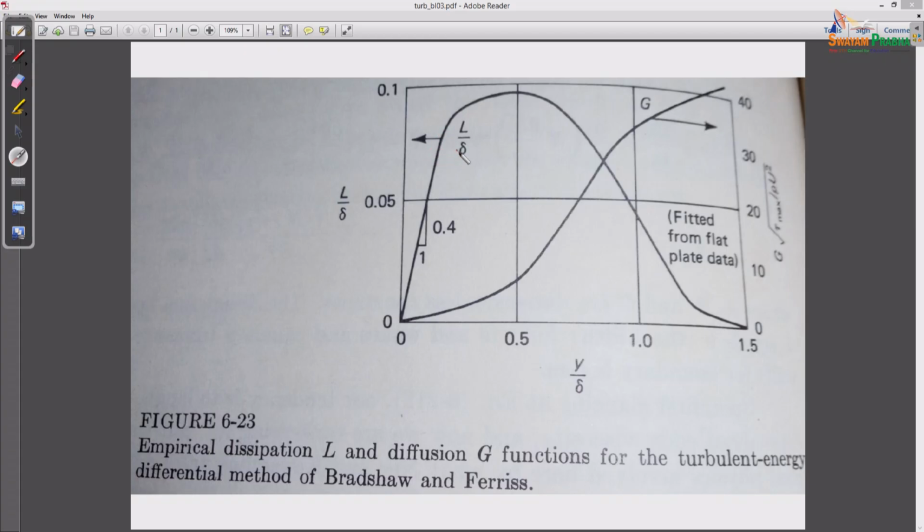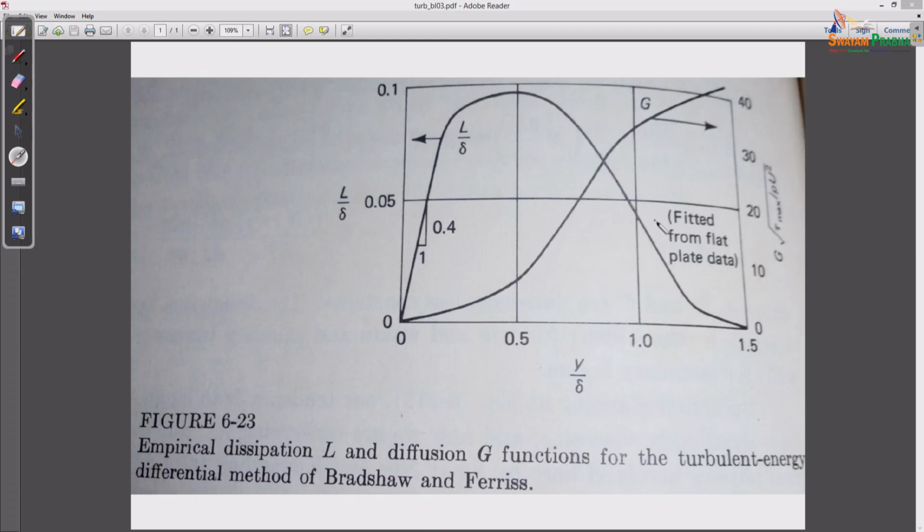It is interesting to see that y by delta equal to 1 basically means that we are near the edge of the boundary layer.